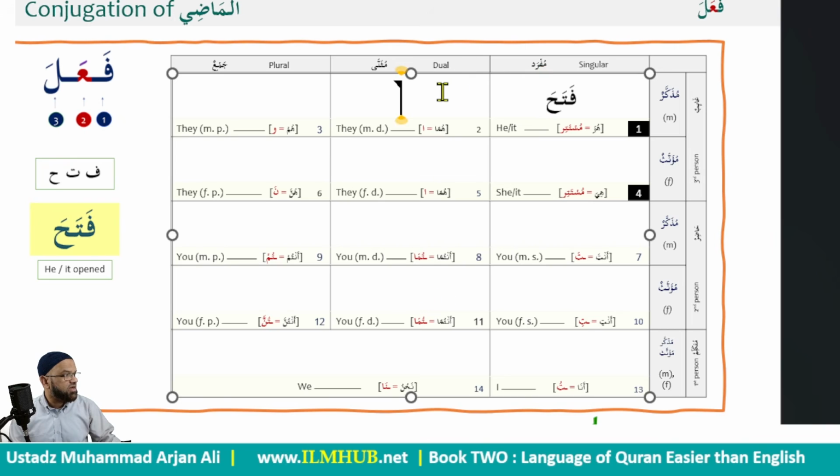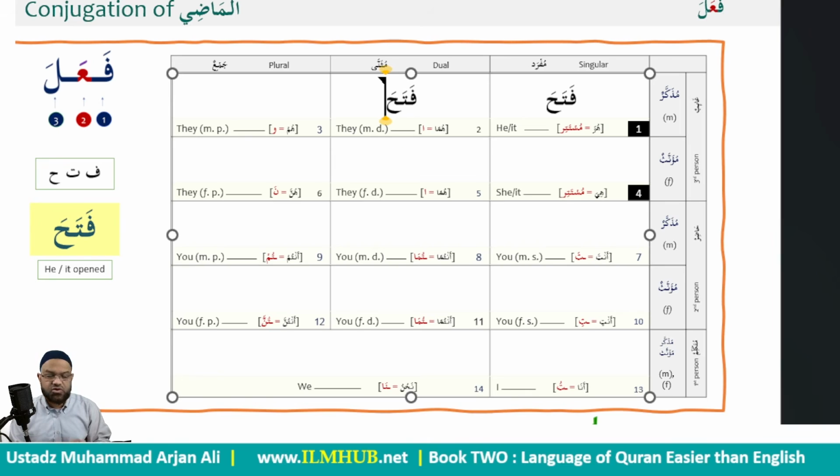Now I said huwa fataha, I want to say huma. Now I don't need to repeat huwa fataha, because an Arab person knows fataha means he opened, it is already inbuilt within his brain, as well as he knows that from the scale. I want to say huma. Now huma is fataha, the same root, and I will now put on it fataha.